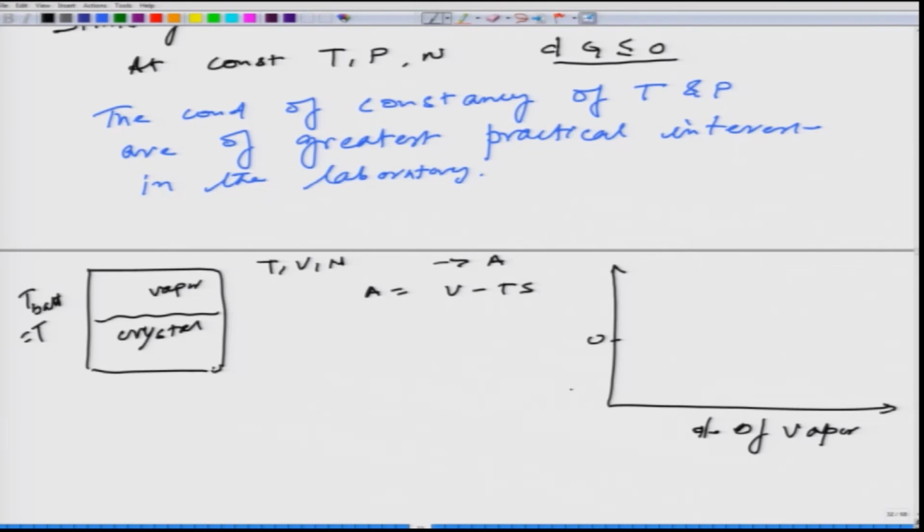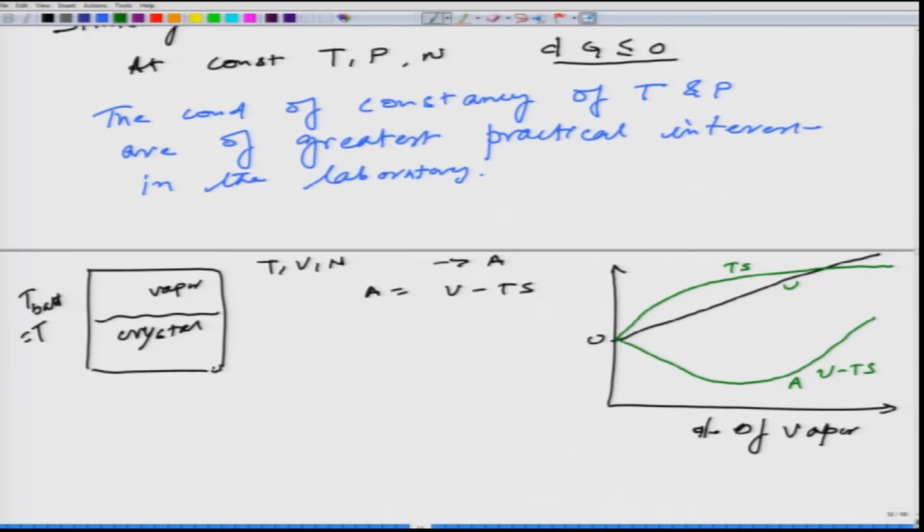So, as the amount of vapor increases, what we see is that U keeps increasing, whereas TS increases, but at a certain point U is more than TS, and effectively A shows a minimum. Okay. So, in other words, A is minimum for a specific value or specific composition of vapor and crystal.